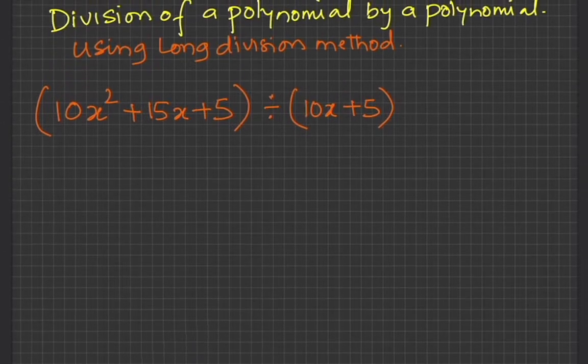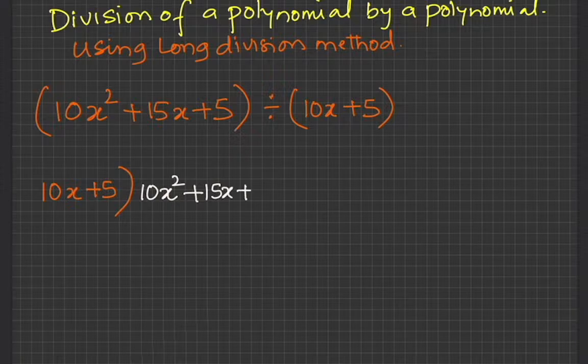Now let's do the long division. So I have my divisor here, 10x plus 5. Now this is going to divide 10x squared plus 15x plus 5.